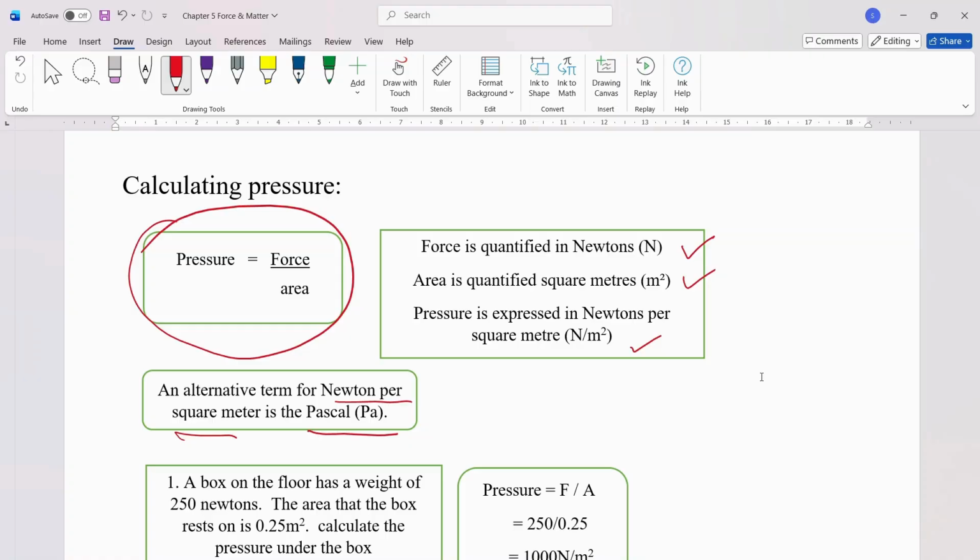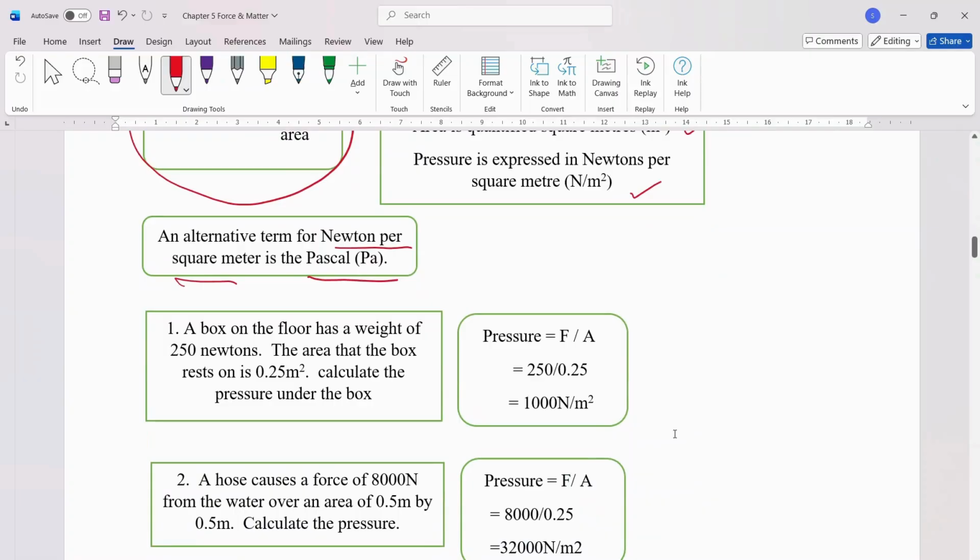So let's talk about our numerical here. A box on the floor has a weight of 250 newtons. The area that the box rests on is 0.25 square meters, and we need to calculate the pressure under the box. The pressure formula is force over area.